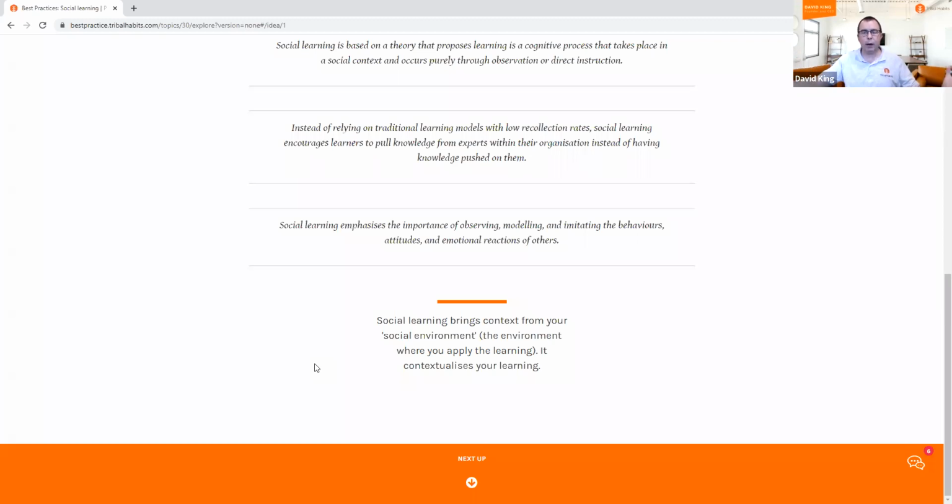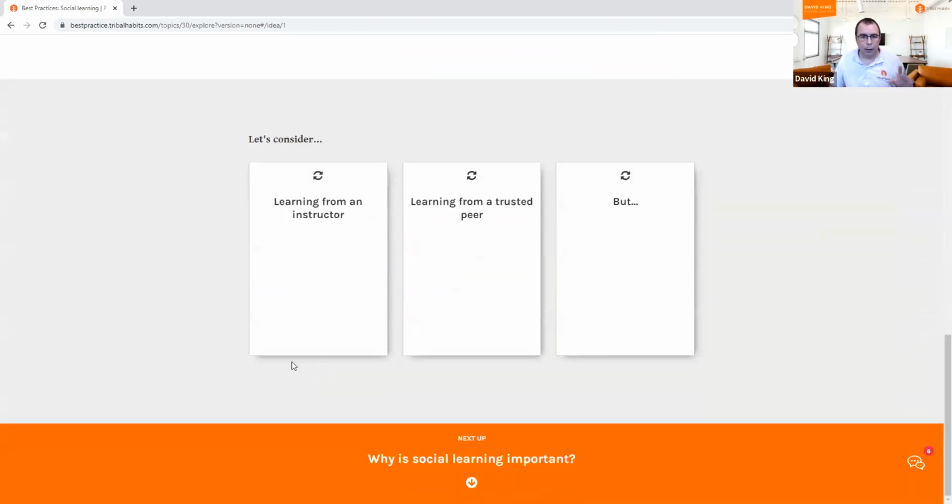So we're trying to bring context from the work environment into the learning, to give it the ability to imitate from others, learn from others who are already using it, or put it into that context. Now, of course, if you're teaching students or you're teaching something else, life coaching at home, then the environment will be wherever that is, the classroom or in the laboratory or at home or wherever it is you're learning it.